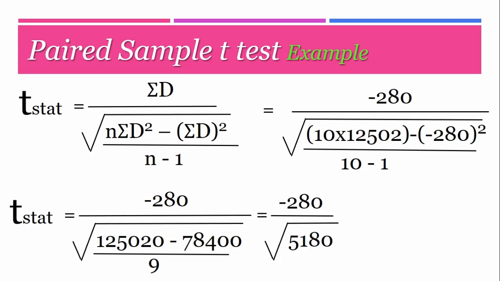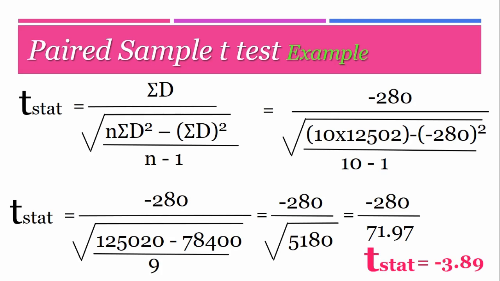In the next step, we take the square root of 5180 and write it as minus 280 divided by 71.97. This 71.97 is the value obtained after taking the square root of 5180, and when we divide minus 280 by 71.97, we get the t statistic value, that is minus 3.89.